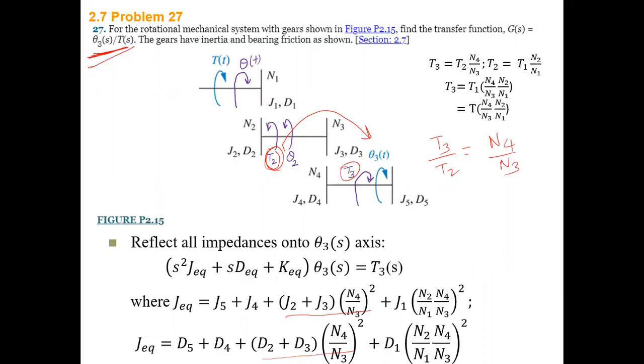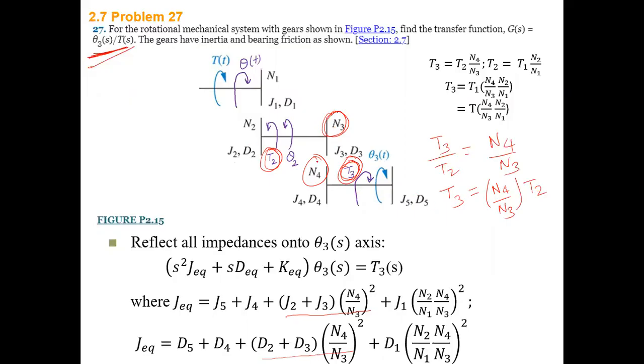See, this divided by that, this divided by that, they're equal. So how do you write it in terms of T2? T3 is N4 over N3 times T2, that's what we have.